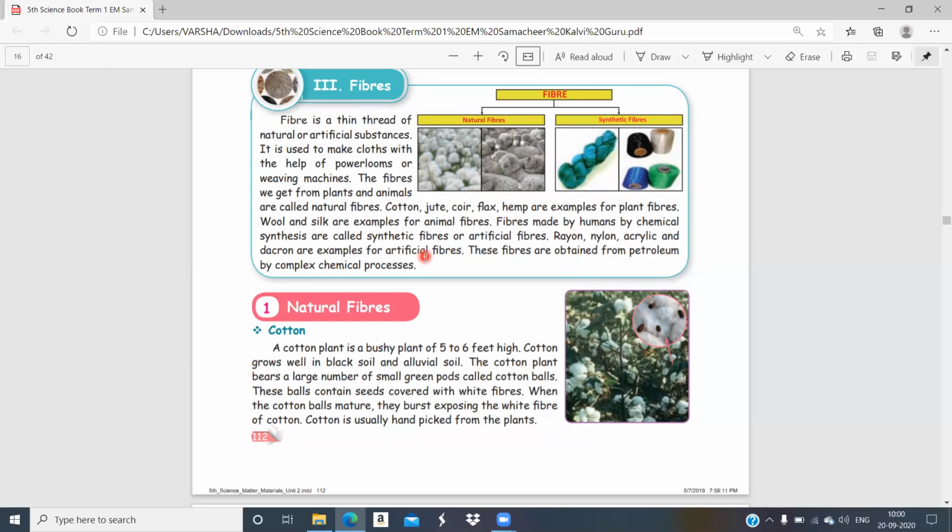And what are artificial fibers? Fibers made by humans through chemical synthesis are called synthetic fibers or artificial fibers.